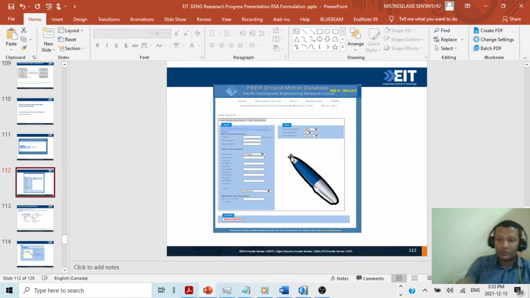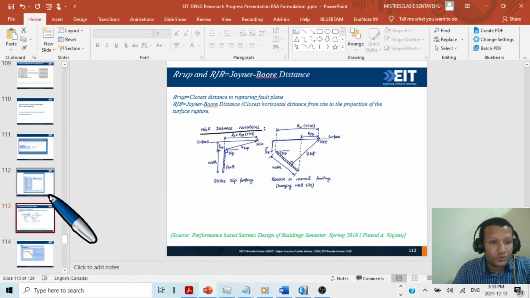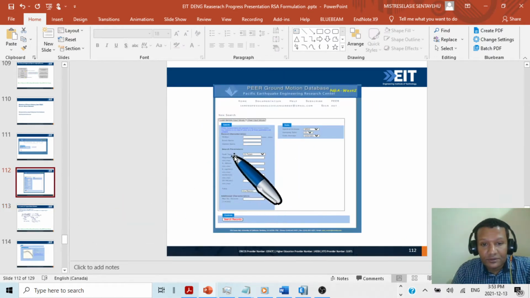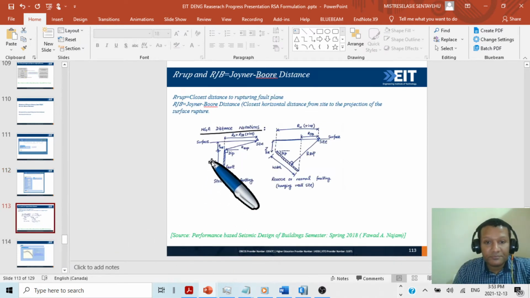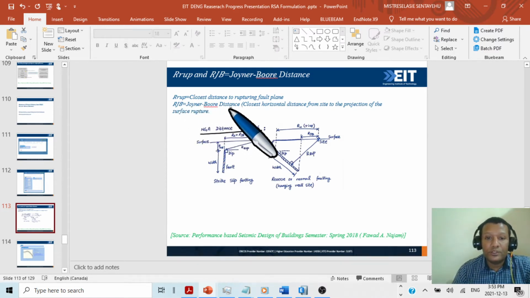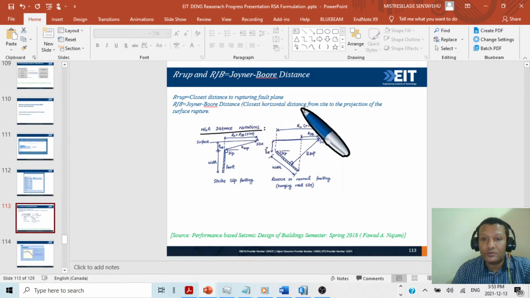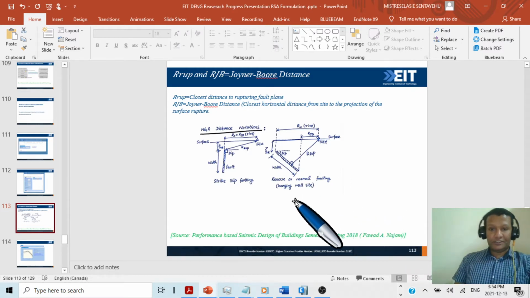Okay, I will demonstrate this online now. Before that, there is one concept I want to show you here. It's not visible. Okay, let me open it and we will discuss this R rupture and RJB, the Joyner-Boore distance, the closest horizontal distance from the site to the projection of the surface rupture. So RJB means, for example, if this is our fault, I took this from Professor Ford.